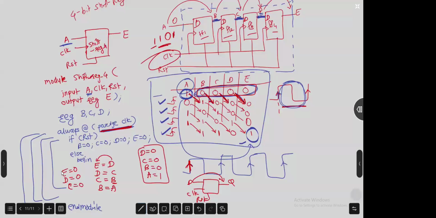And my last statement is B equals A. So the value of A goes into B, so my B becomes 1. Are you getting this? Do you find that E gets a 0? It is not 1. Did 1 come into E? No, because we changed the sequence.